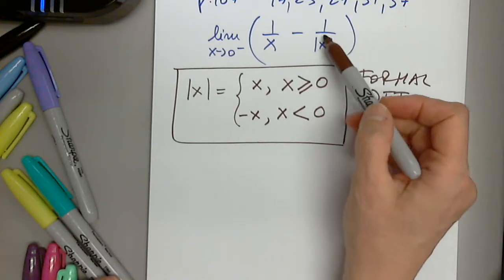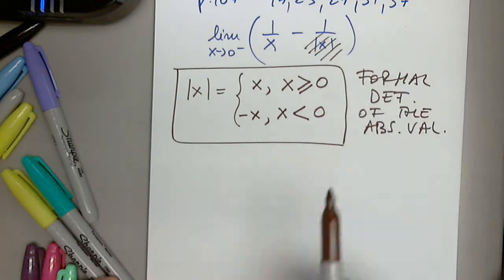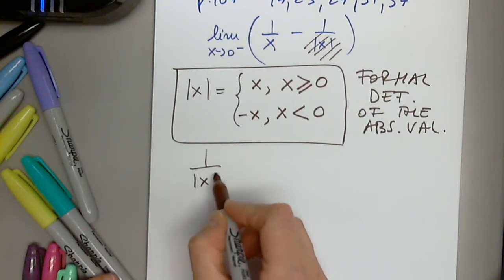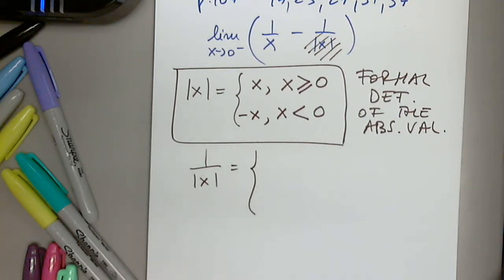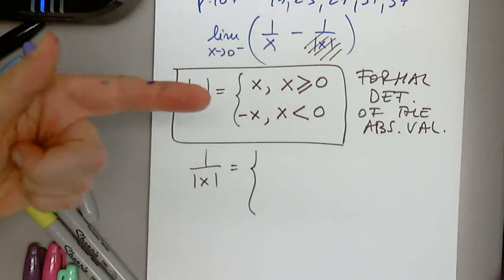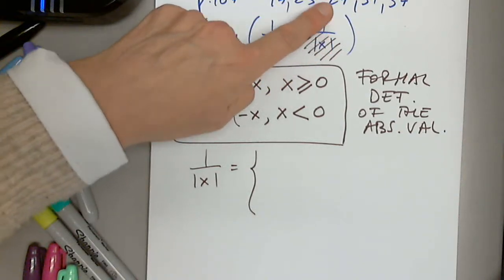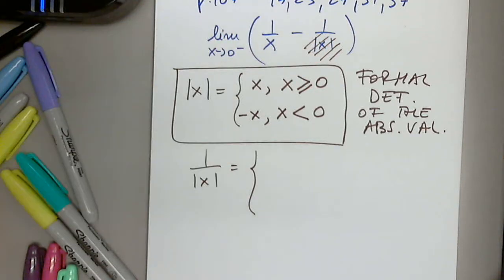Okay, so I know now what this represents, but I want 1 over x in absolute value. Can anyone give us this piece now? This one has 2 options because the bottom has 2 options, and then this fraction has 2 options.